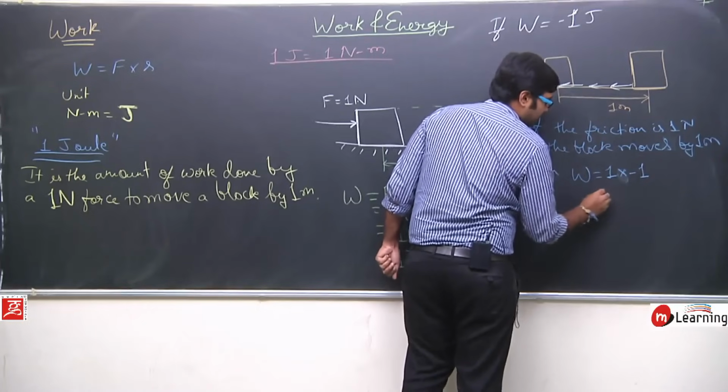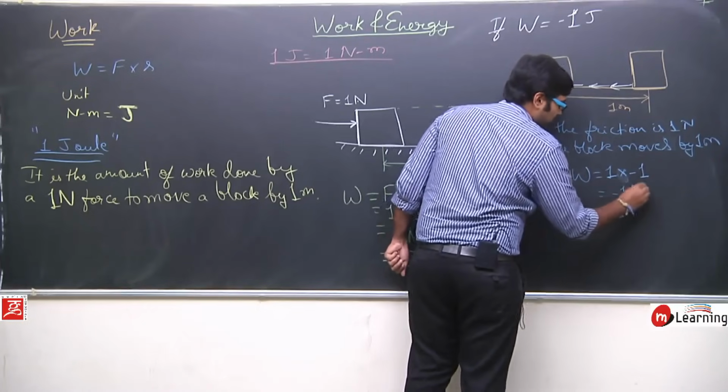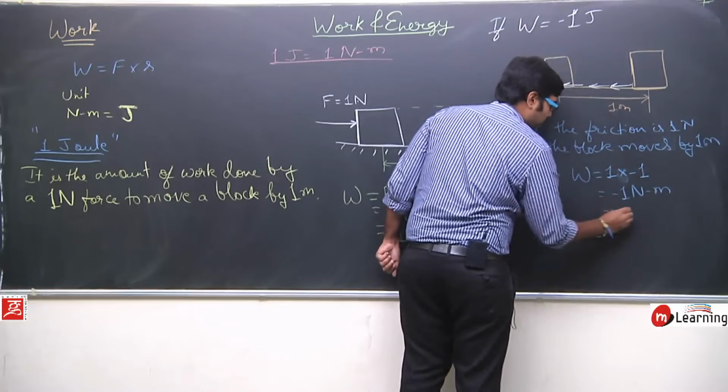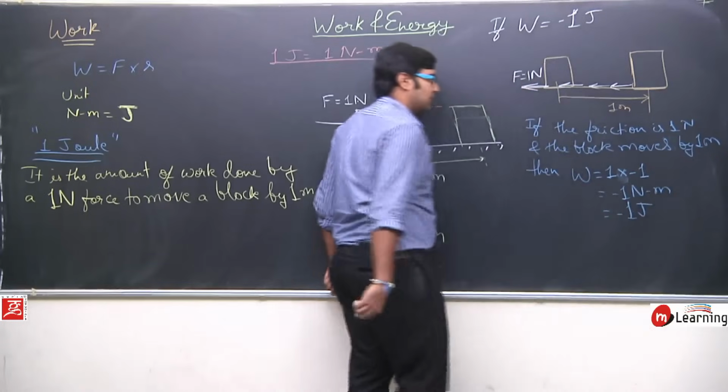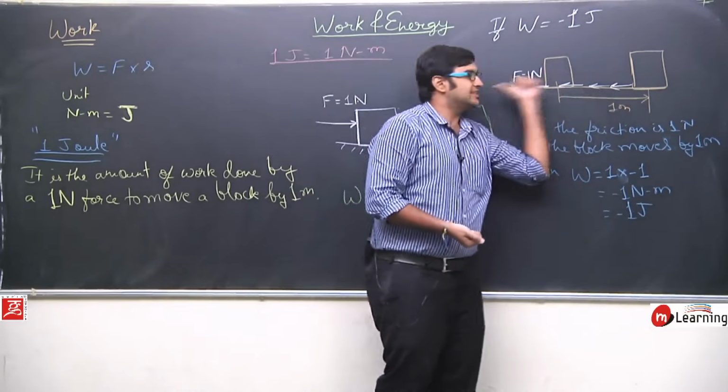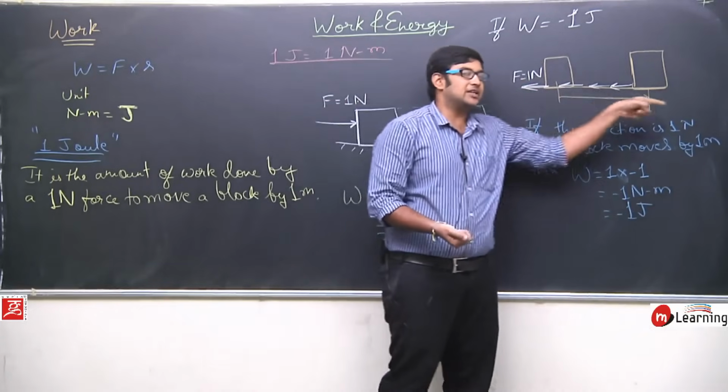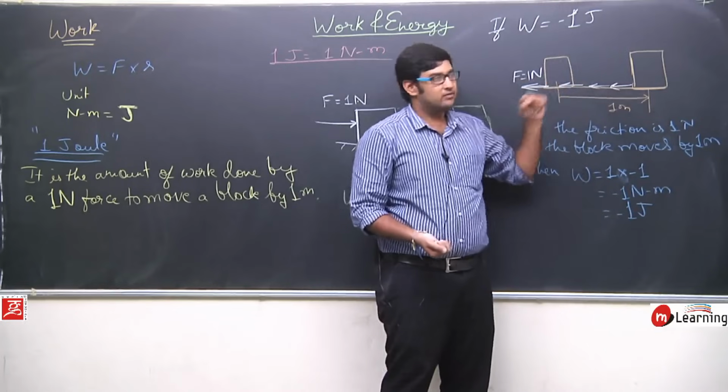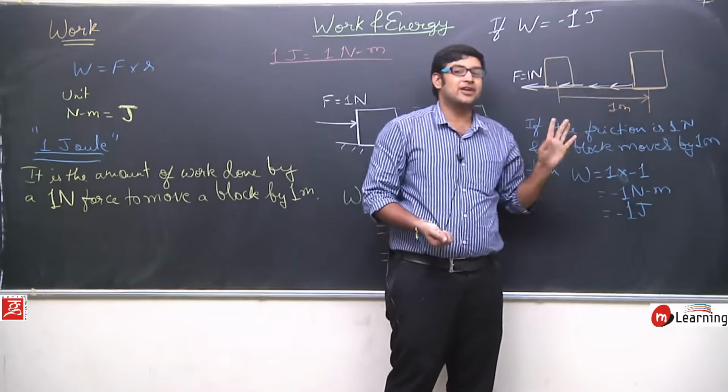This will give you -1 Newton meter or -1 Joule. Because in this case the force is in this direction but the displacement is in this direction. That's why we say the work done becomes -1 Joule.